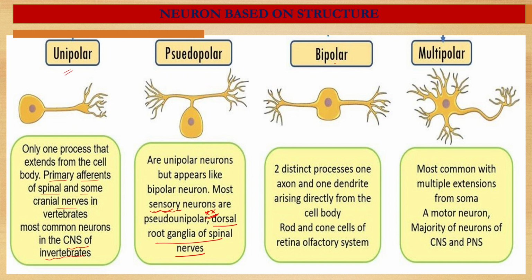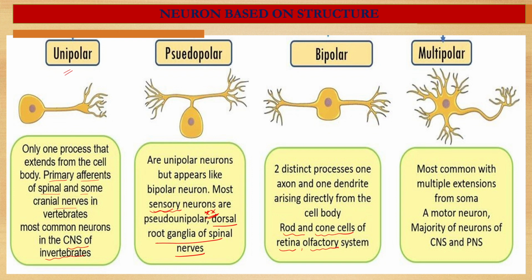The next type is bipolar, where two distinct processes arise from the single cell body, and these bipolar neurons are present in the eyes, especially rod and cone cells of the retina, and in the olfactory system.